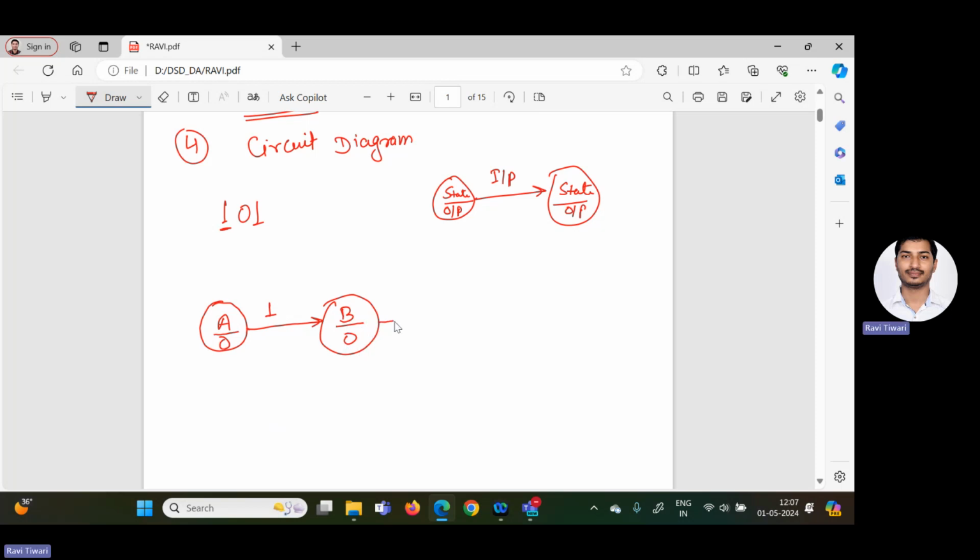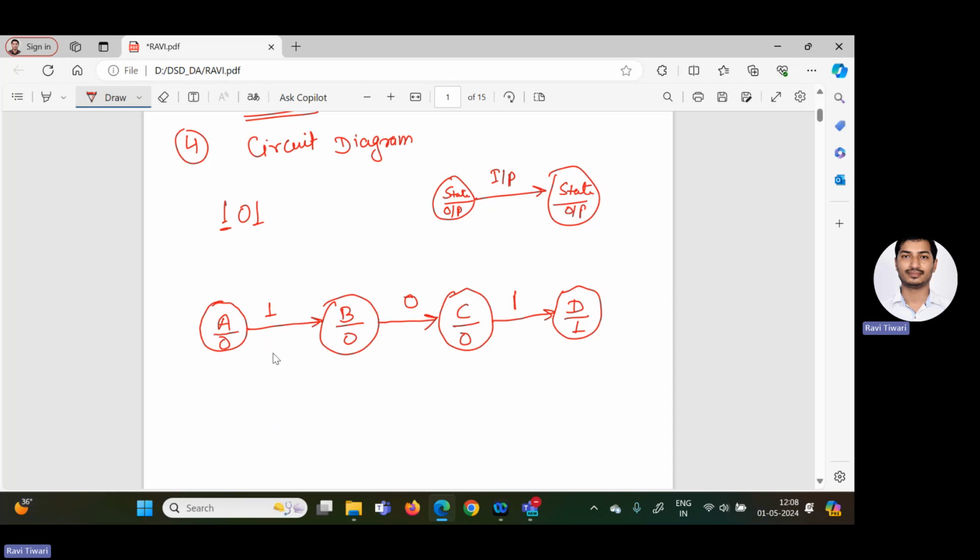Now, after B state, if you receive 0, the second bit correct, then you will move to the C state, and here also your output is 0 because we have not received a correct pattern. Now, after this, if you receive the third bit correct, that is 1 here, you will move to the D state, and here your output becomes 1 because now we see 1 0 1, we received the correct pattern. That's why your output becomes 1.